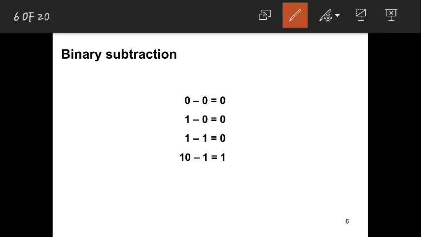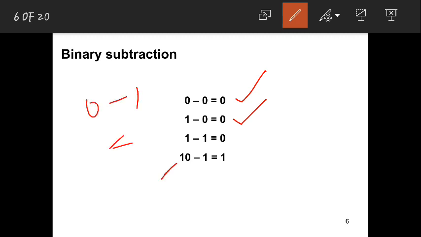Next, binary subtraction. So in this binary subtraction you have 0 minus 0. Okay, you get result as 0. 1 minus 0, you get 0. Next, 1 minus 1. Okay, 0 minus 1 we will see later. This is the last option he has given.